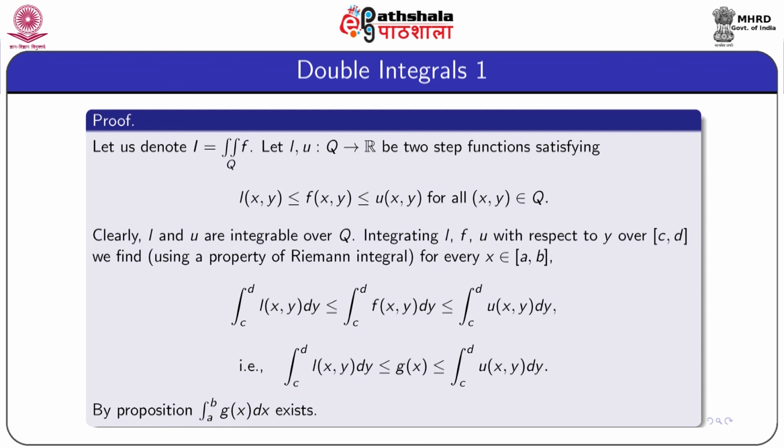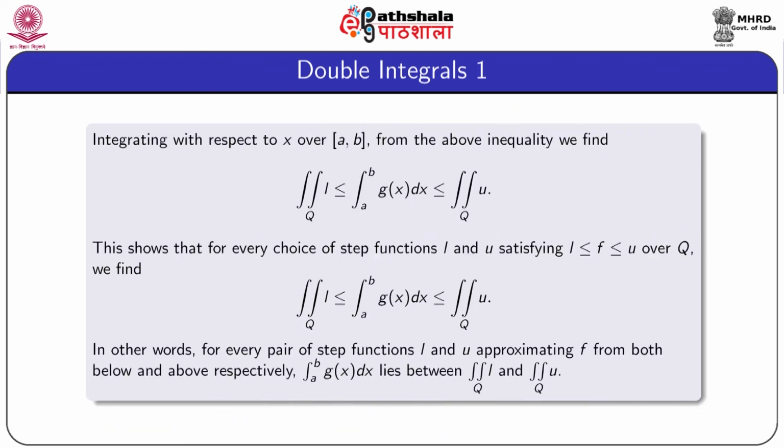By proposition, integral a to b g(x) dx exists. Integrating with respect to x over [a,b], from the above inequality we find integral over Q of L less or equal to integral a to b g(x) dx less or equal to integral of u over Q.